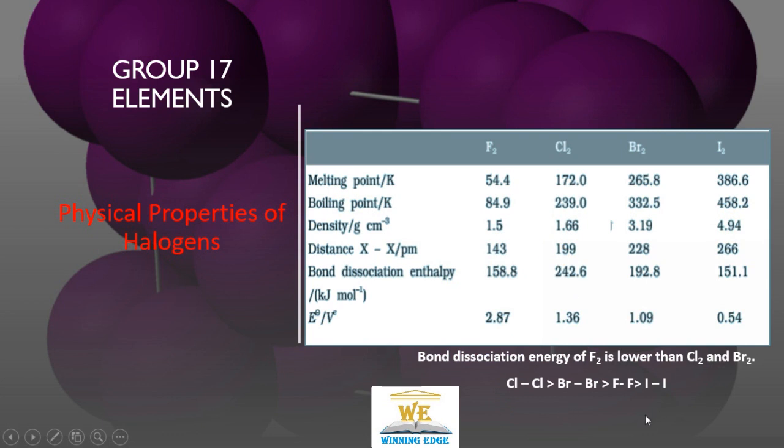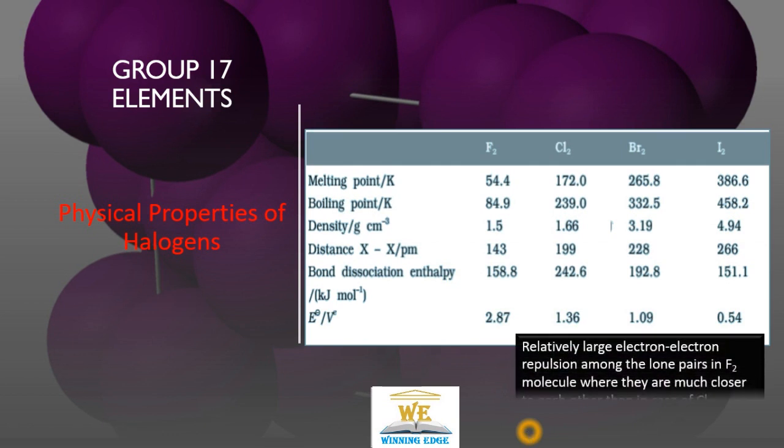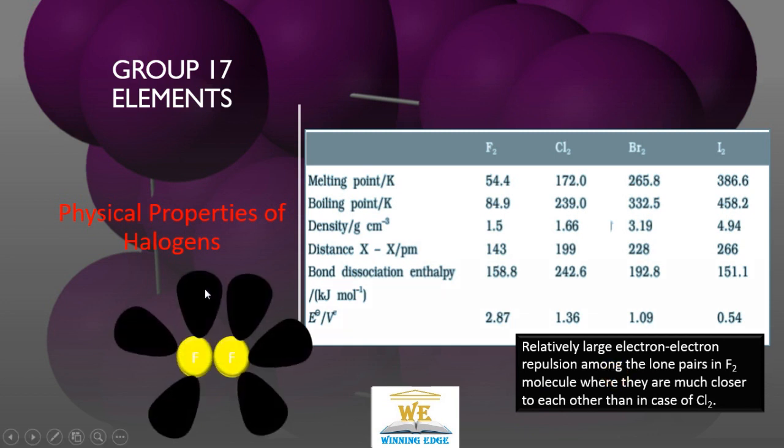In this group, bond dissociation energy is highest for chlorine. So electronic repulsions are responsible. You see here, these electronic clouds in fluorine will repel each other. That causes the lower bond dissociation energy.